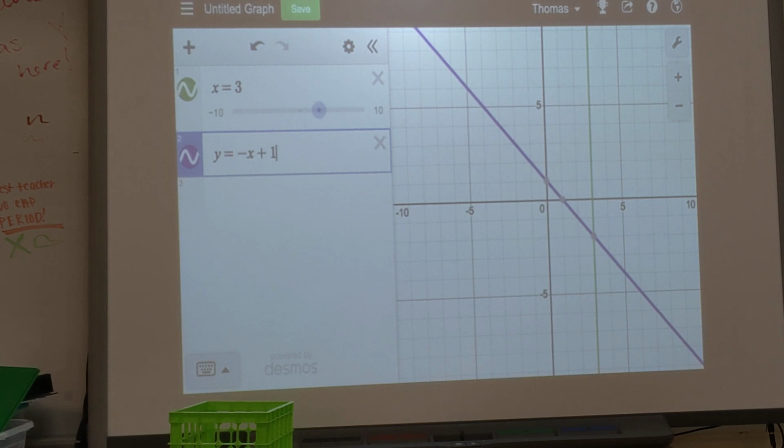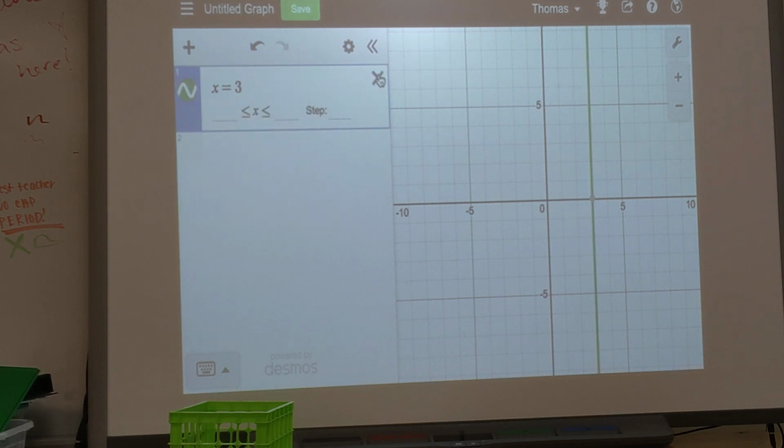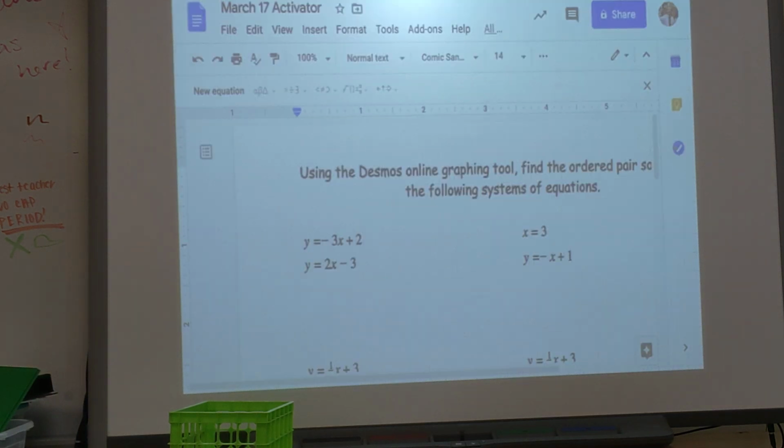So again, I see where both of my lines intersect each other, and if I hover over that point of intersection, I see that I have the ordered pair 3, negative 2. So that's what you should be recording on your sheets: 3, negative 2. And if you've done that, you can go ahead and X those out.